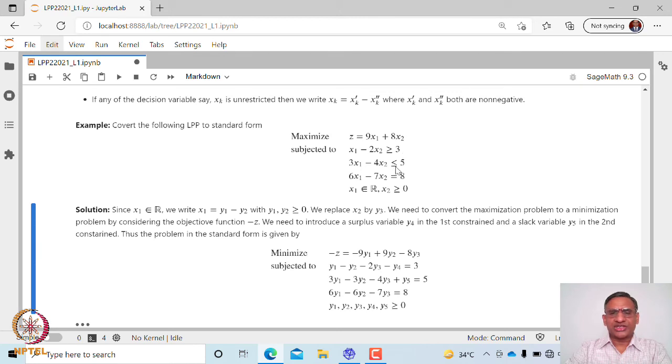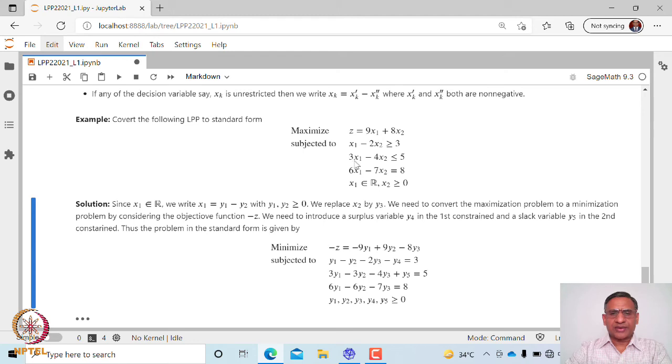Similarly, the second constraint is less than equal to type, so you have to add a slack variable, so that will become 3 times y1 minus 3 times y2 minus 4 times y3 plus y5, that is the slack variable. This is equal to 5, and the third constraint is already equality type, so we do not need to do anything.